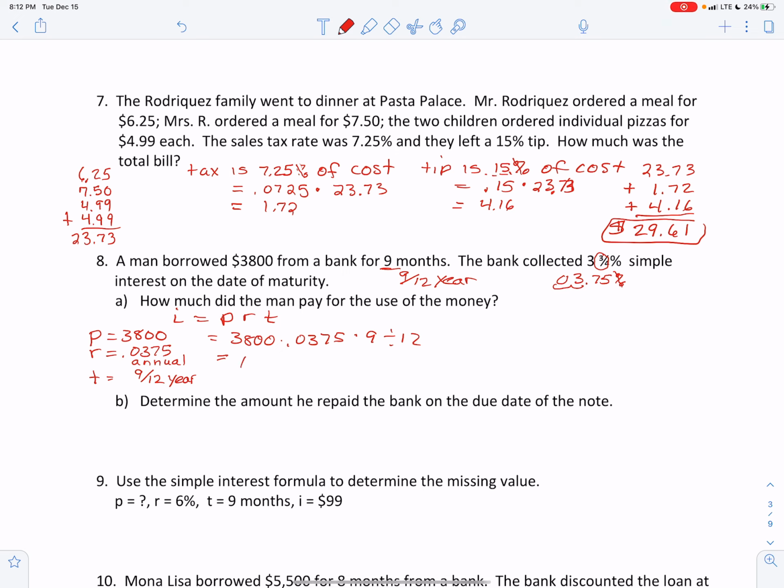So I have, I'm going to round it to the nearest cent, 106.878. So identify the digit in the hundredths position. Look directly to the right. That's 5 or more, so $106.88. That's the fee for using that $3,800 for 9 months.